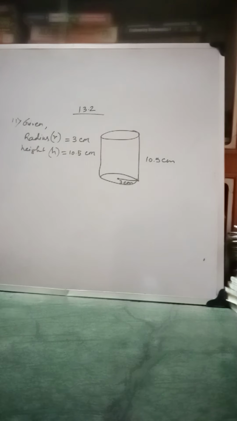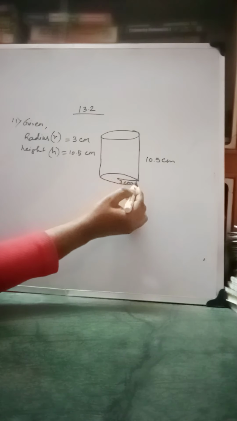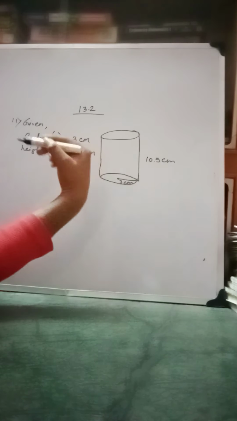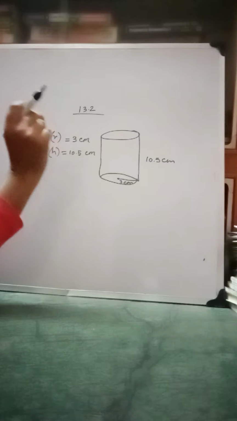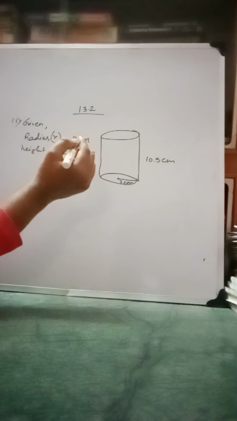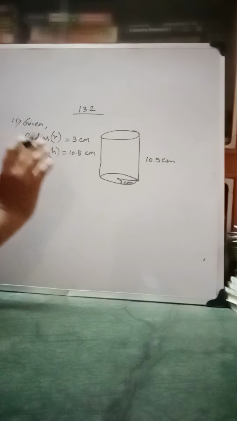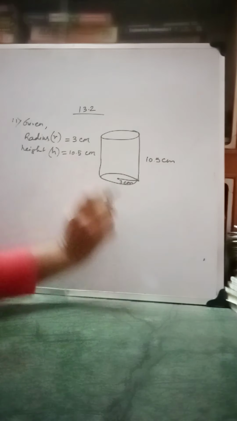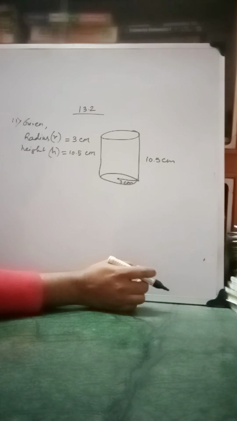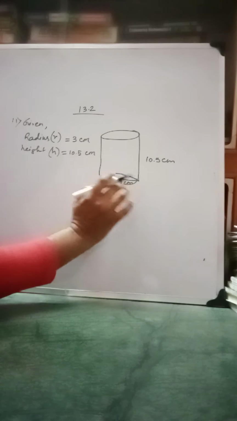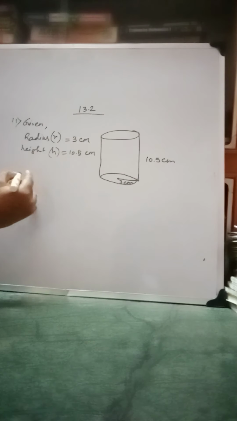Okay, now we have to prepare the pen holder, and pen holder means we have to find the base is required this time, including base, curved surface area. This board is required. Okay, so I repeat once again, to prepare a pen holder, which area is required? The base is required and the CSA.